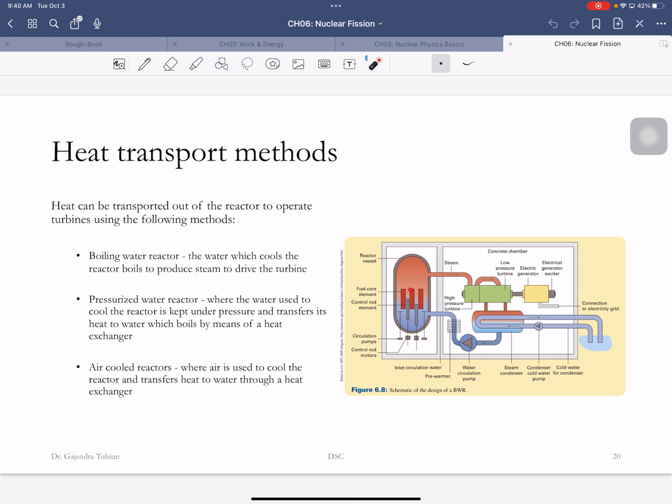Every time you split a uranium-235, heat is generated. What you do is you pass water through the core. Okay, that gets converted to steam. The steam is turning a turbine. It's turning blades in a turbine. And what is that turbine doing? It's turning that piece of wire in the electrical generator. Did you guys understand that?